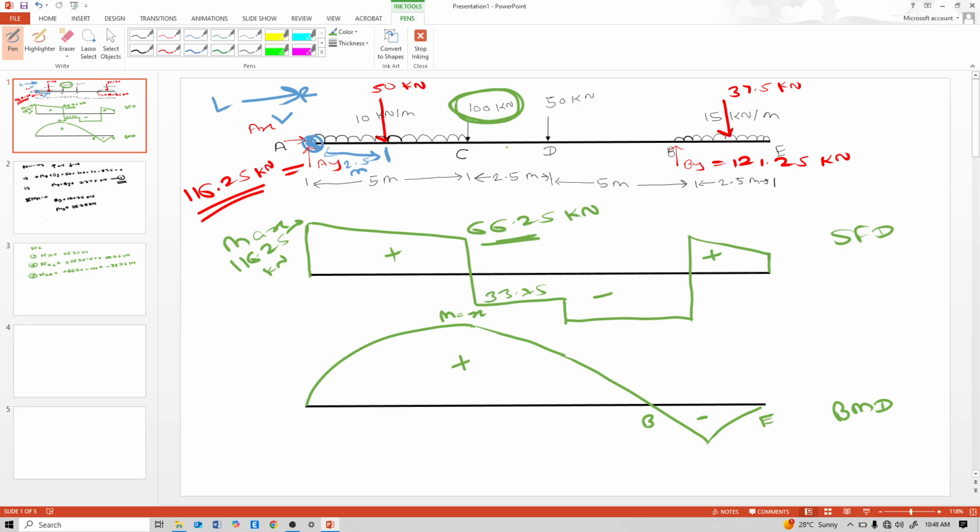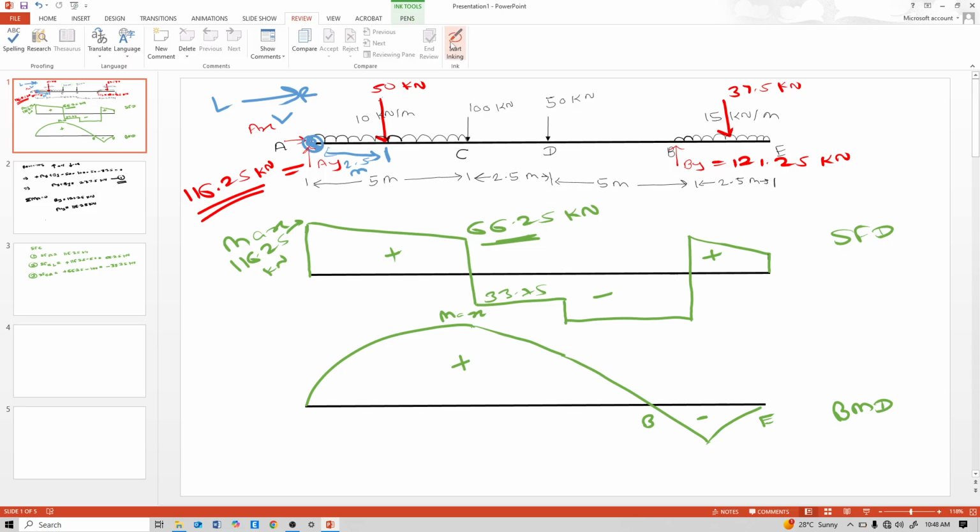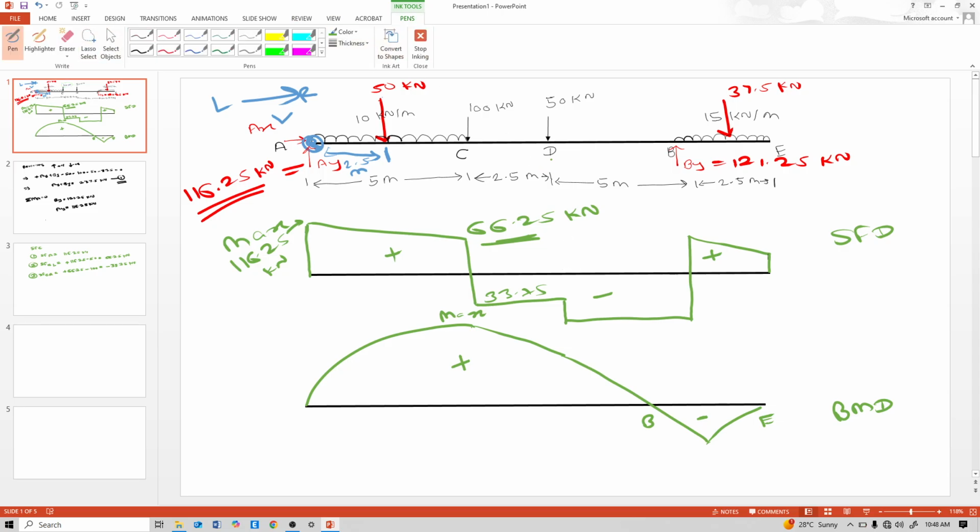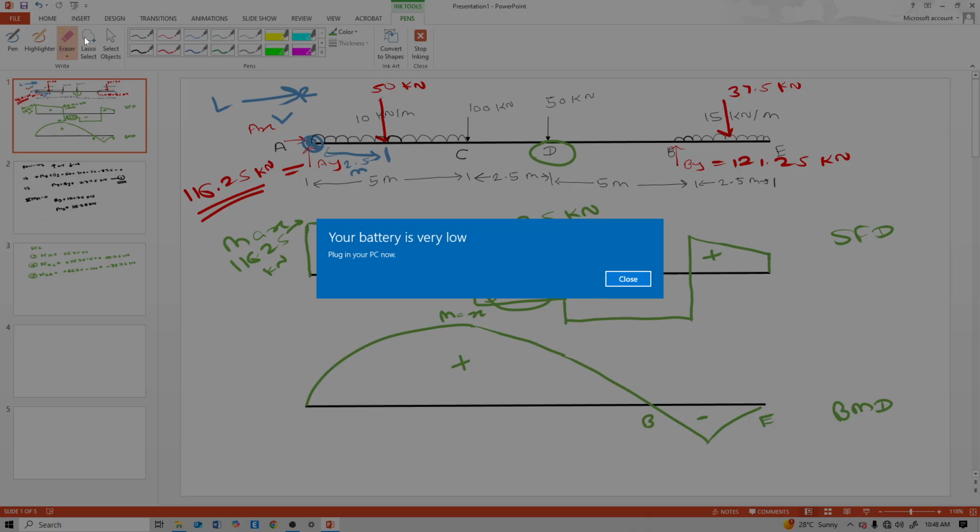Now between the C to D portion there is no load. So see here, at this D, just left of that D, the same 33.75 load comes, because in between there is no load.